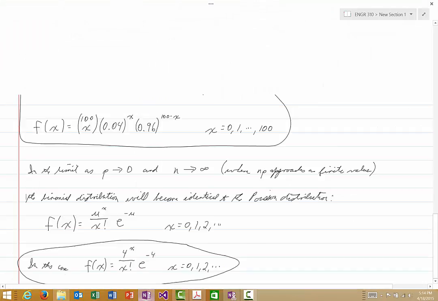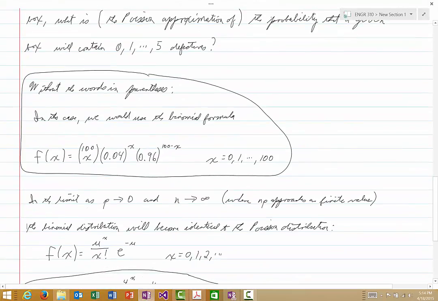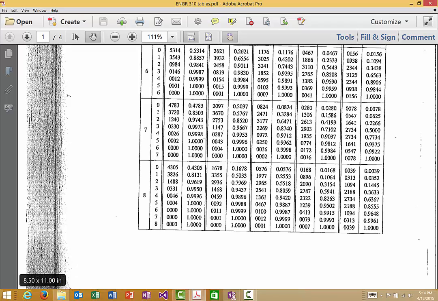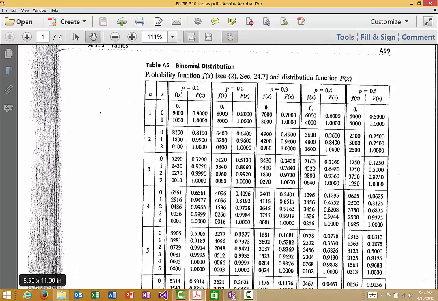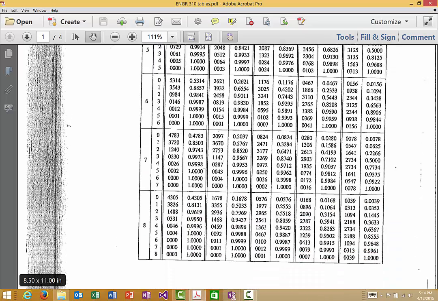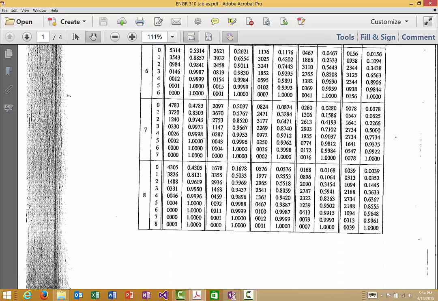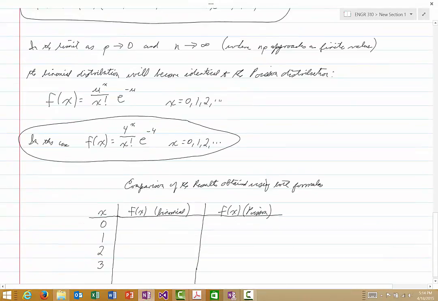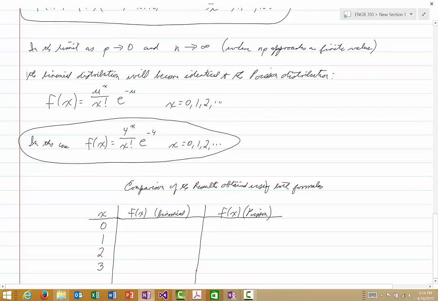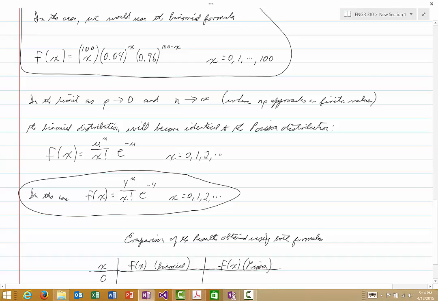And the reason is that in this case, here's our binomial formula, and we have n equal to 100, but the table for the binomial distribution only goes up to n equals 8. So to calculate the formulas here in this table for the binomial, we're going to have to just plug into this formula and calculate them.